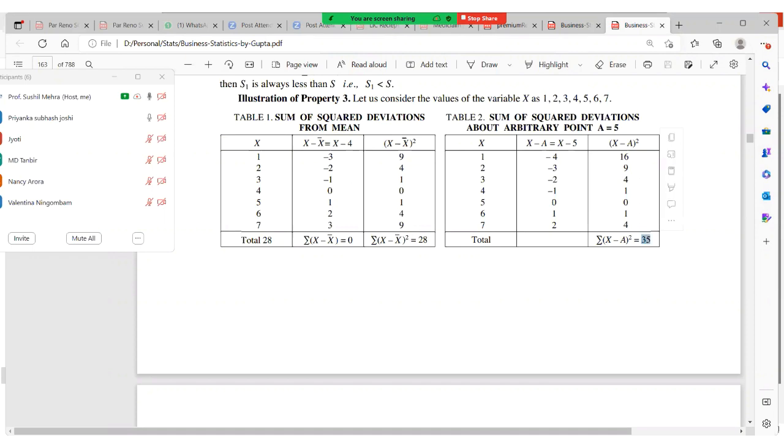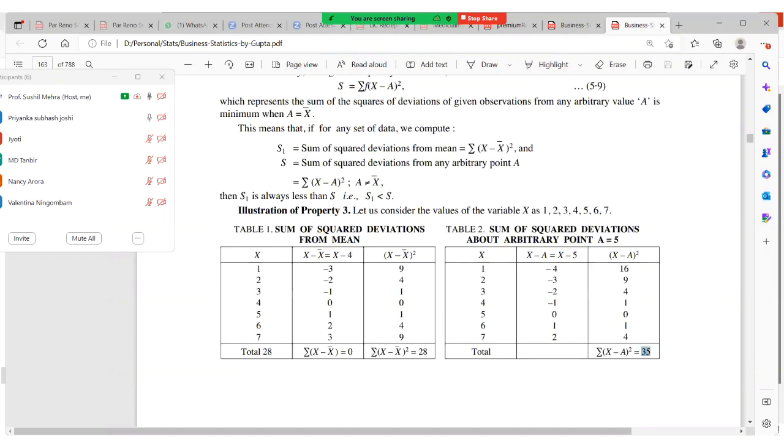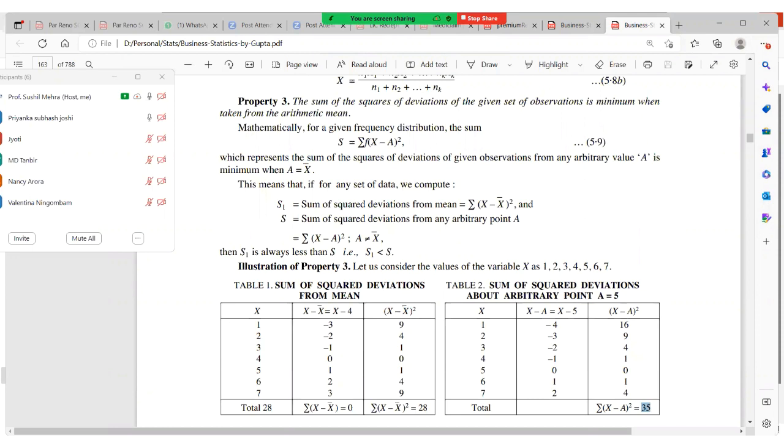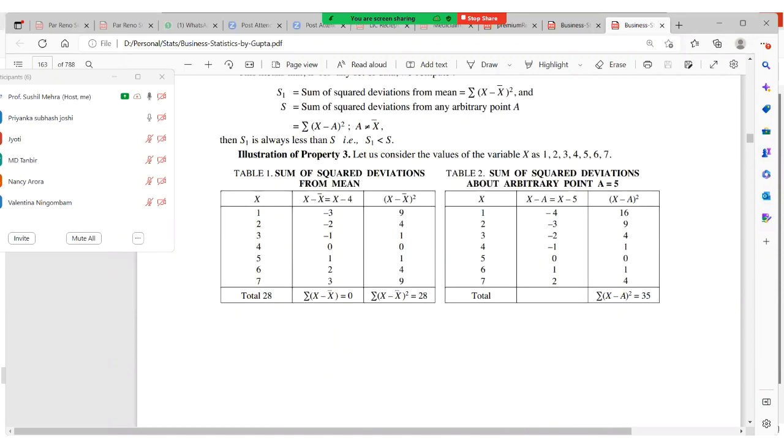What does this property say? The sum of the squares of deviations is minimum when taken from the mean. We took from the mean, the sum of the squares of deviations is 28. If we take other than the mean, it is 35, which is more. So it is always minimum in case of the mean. Fine.